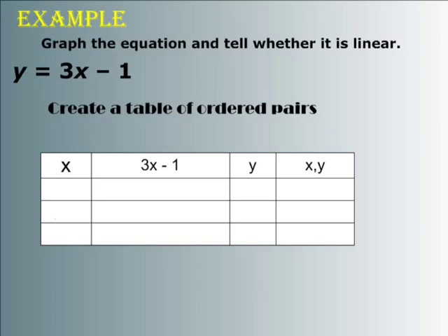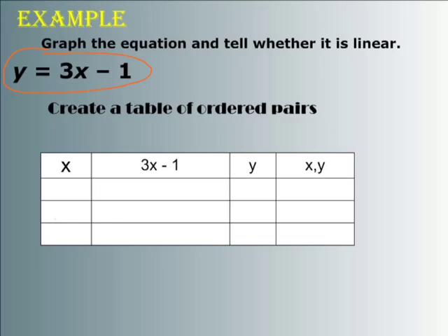Okay, so in this example, it wants us to graph the equation and tell whether it is linear. This is the equation that we will be using, y equals 3x minus 1. So we are going to create a table of ordered pairs by plugging in a value for x, working it out, and then determining the value for y. So we input a value for x and we get an output of the value for y.